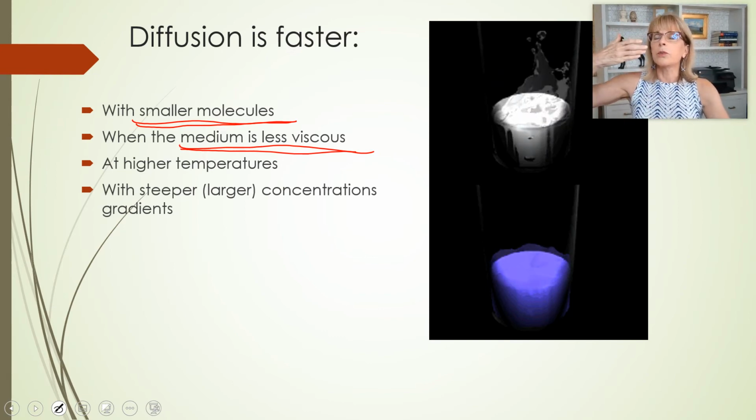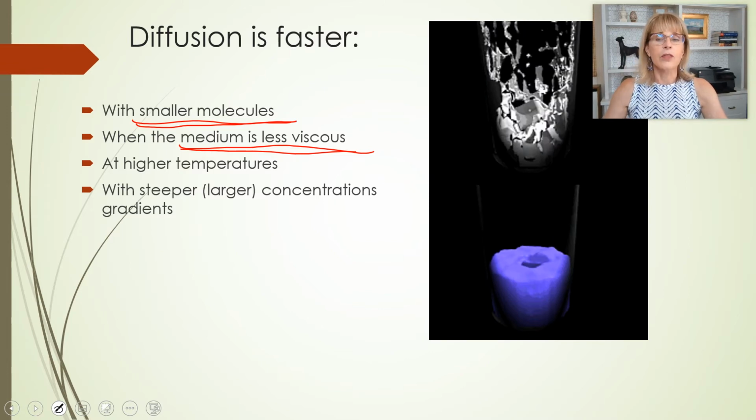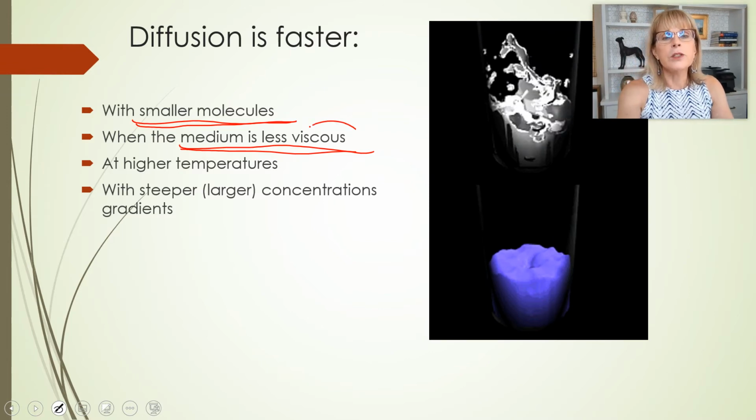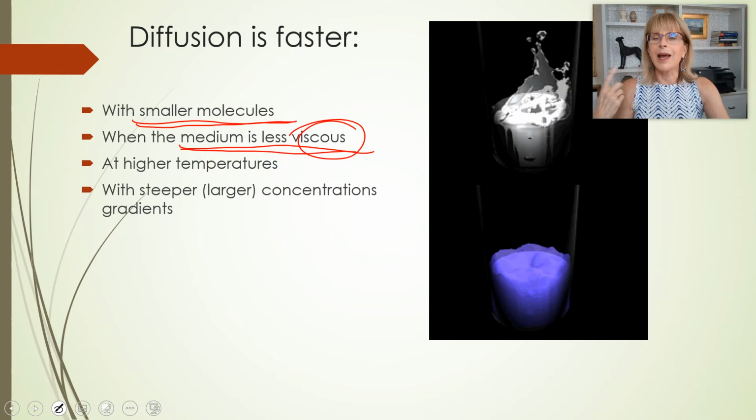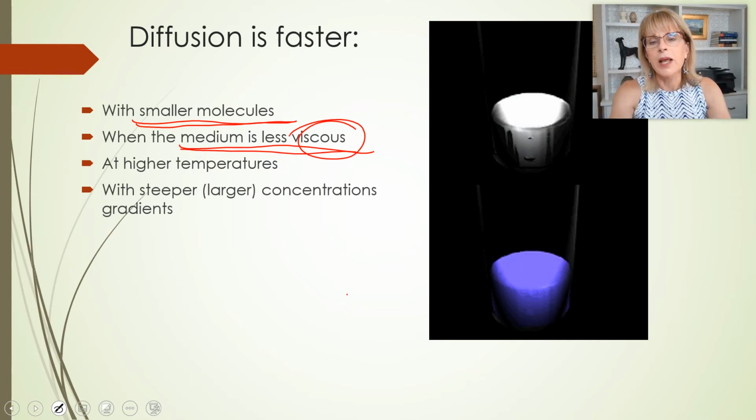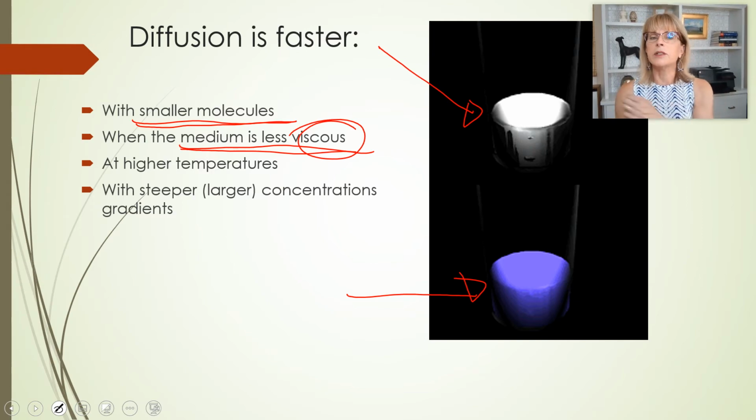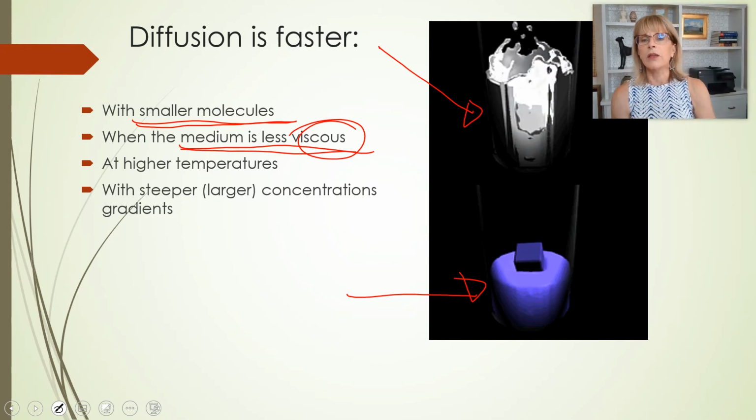So perfume can diffuse faster through air, a gas, than through water, and faster through water than through agar. Viscous is basically how thick is the medium. In this little GIF here, the white substance is less viscous than the blue.